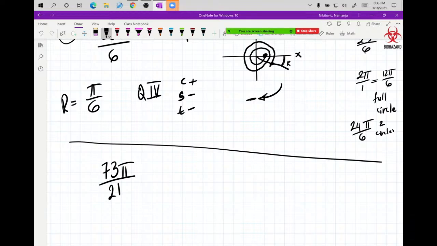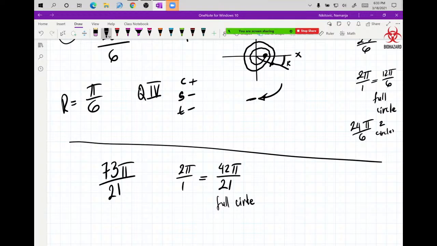What do I do? 2 pi over 1, to make the denominator 21, is going to be 42 pi over 21. So that's my full circle for that denominator, and I picked a ridiculous denominator that you will never see. I picked 21 just because it's not 3, 6, or 4, or 2, what we're used to.